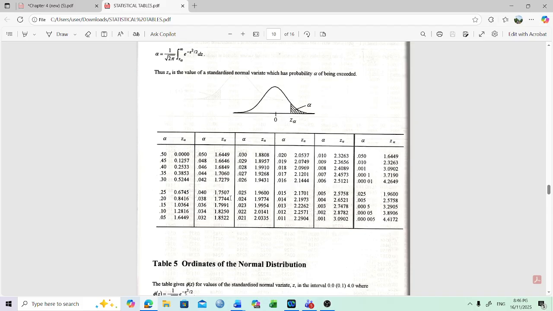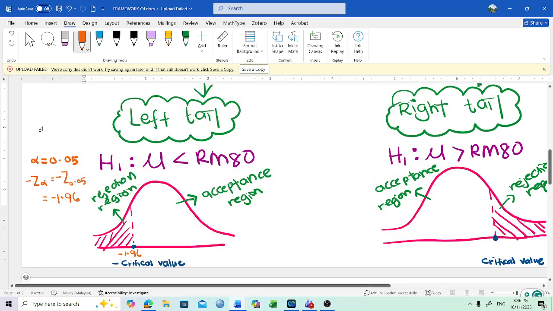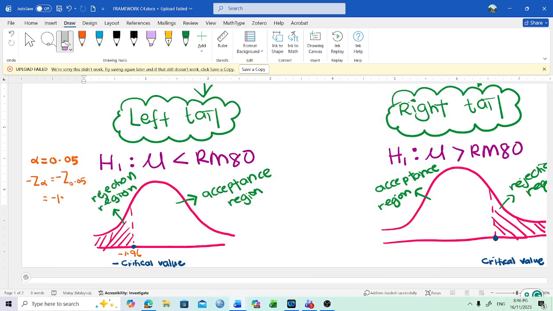Sorry, the value is 1.6449. So here the value is negative 1.6449. Why is it negative? Because it is on the left tail, so the critical value needs to be negative.